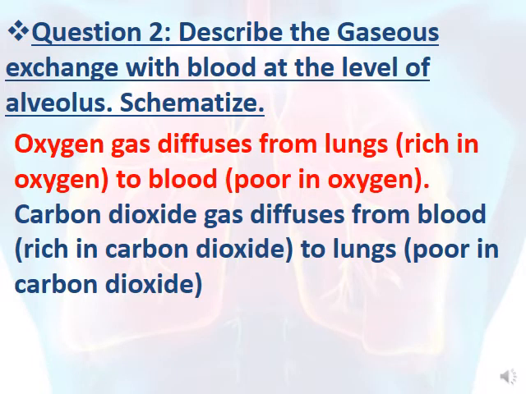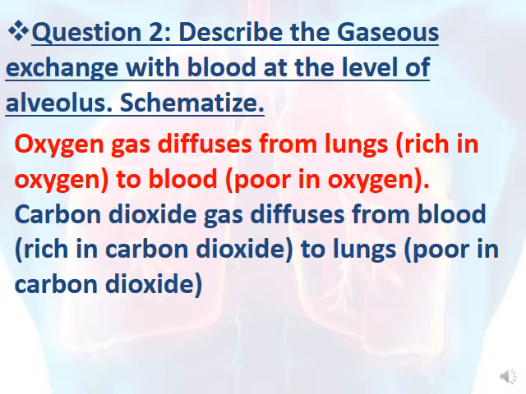Question number 2 says you have to describe the gas reciprocal exchange with the blood at the level of the alveolus. So the oxygen gas diffuses from the lungs, the medium that's rich in oxygen, toward the blood, which is the medium poor in oxygen.